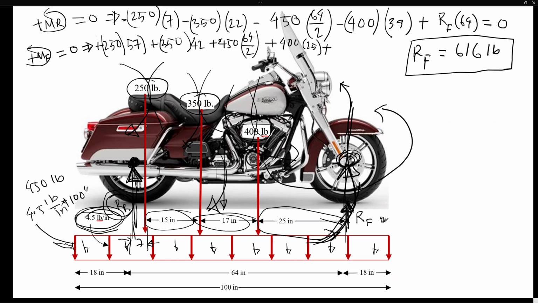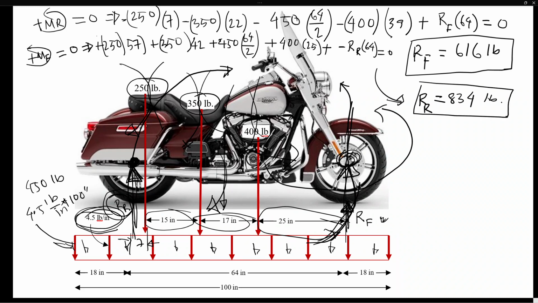Now the rear wheel reaction will try to rotate clockwise with respect to the front wheel, so that will be a negative moment for the rear wheel reaction force, times 64 inches away from the front wheel, and everything sums to 0. I calculated the rear wheel reaction force, or load carried by the rear wheel, is 834 pounds.